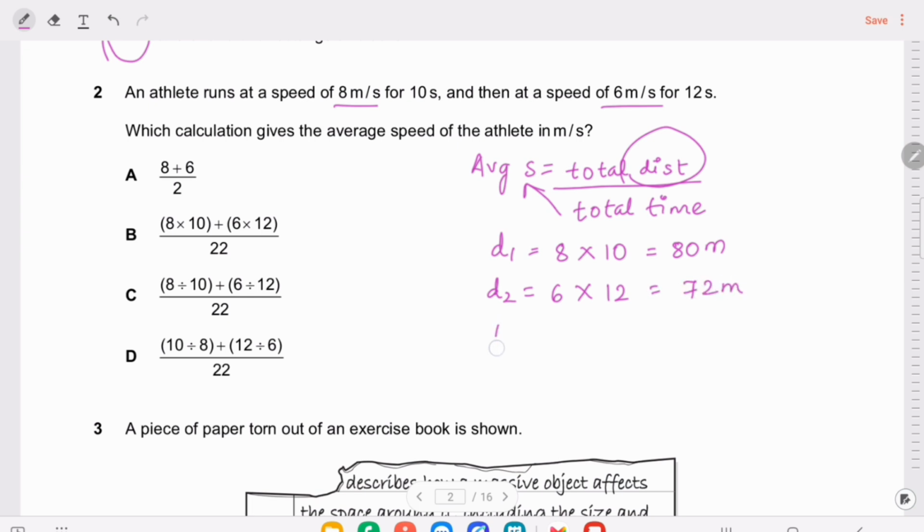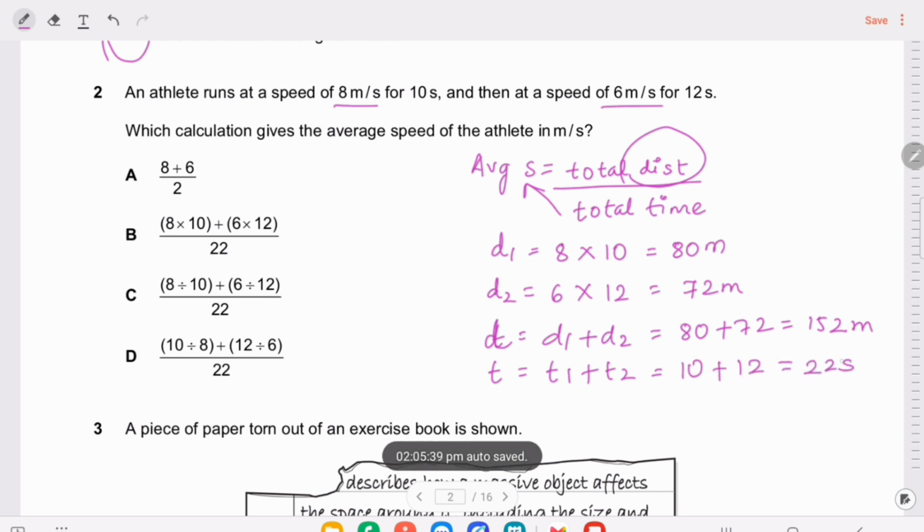Now if I want the total distance, I will have to add d1 and d2, that is 80 plus 72, which will give me 152 meters. I'll just call it d, and if I want the total time, then t1 plus t2, where t1 is 10 and t2 is 12, which will give me 22 seconds.